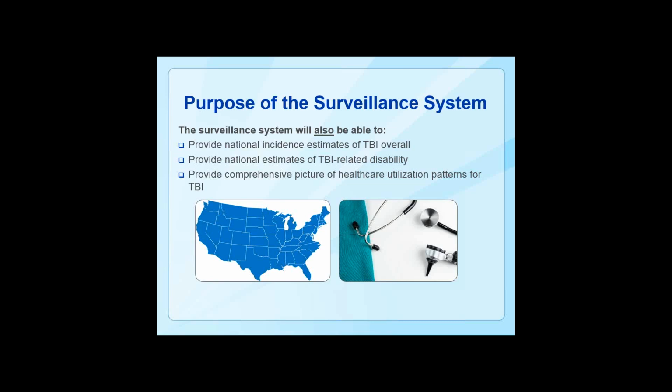Again, using the surveillance system, we will go beyond the emergency department data that I mentioned earlier. We will be able to report on injuries that are not reported to the emergency department. For example, we will capture people who seek care for their TBI at urgent care clinics or parents who seek care for their child's TBI at their pediatrician.